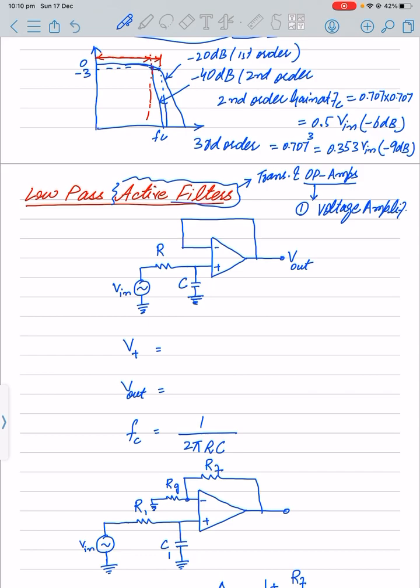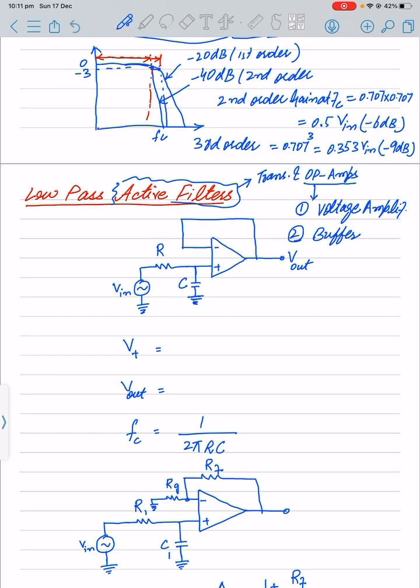And the second thing is that, as we studied while covering the characteristics of the operational amplifier, an operational amplifier has a very high input impedance and very low output impedance. So those can be used as a buffer.